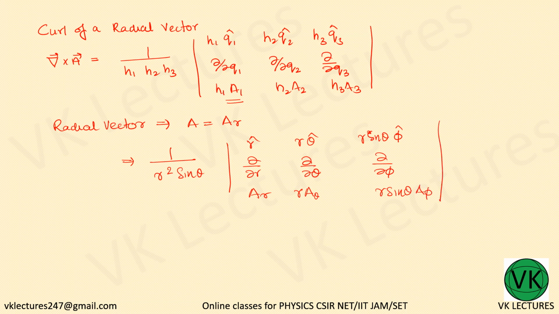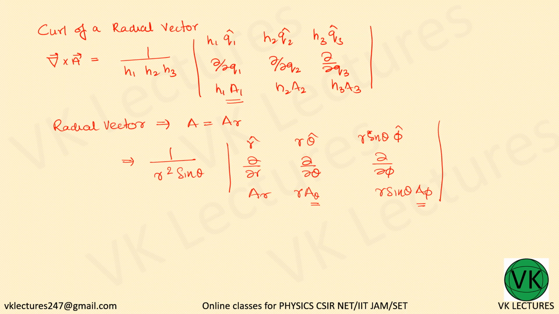Now for a radial vector you do not have the A theta and A phi terms.